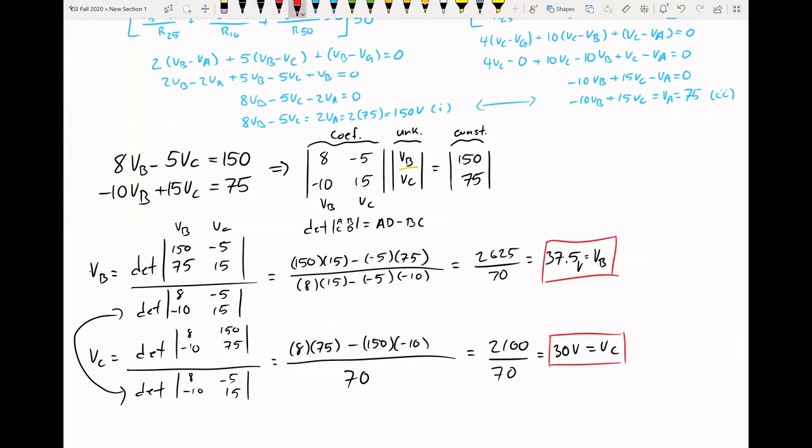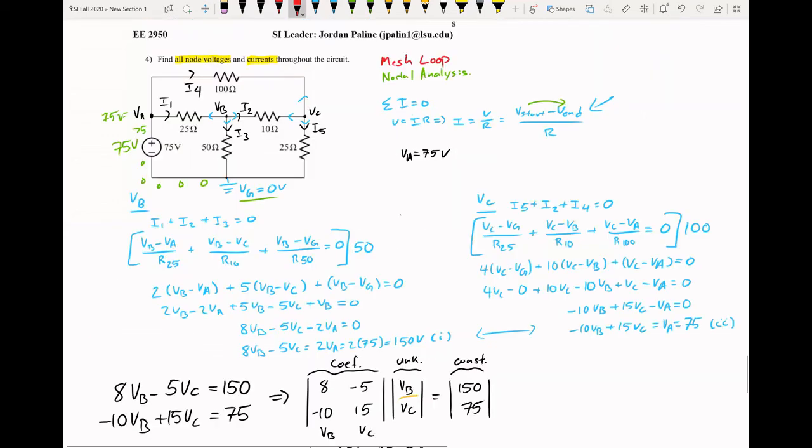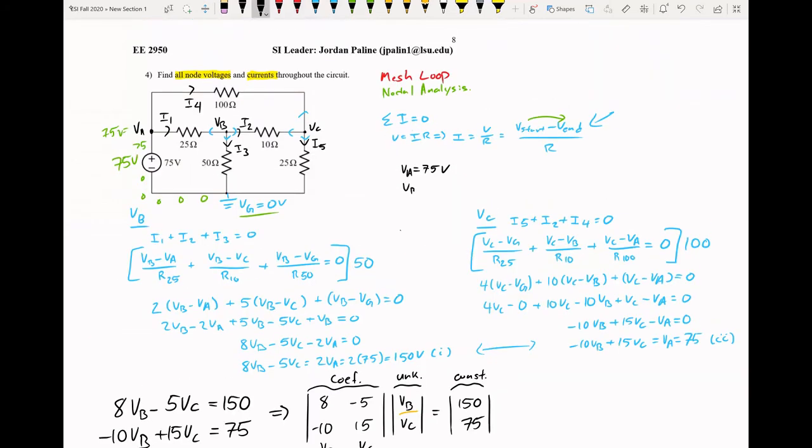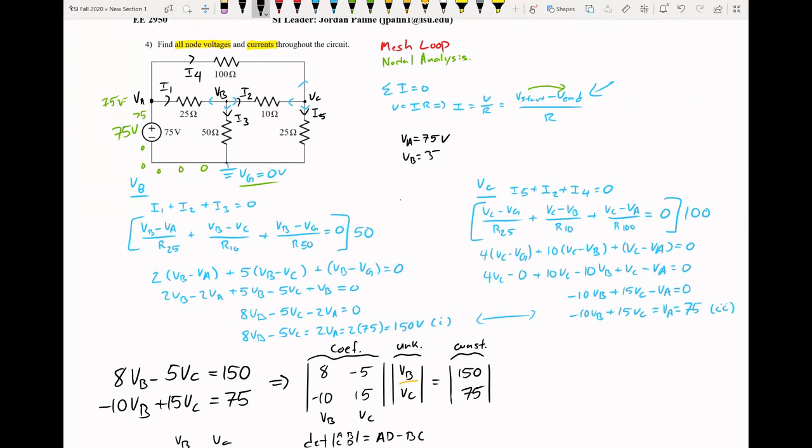Okay, so let's just go up here and we're going to start dropping these bad boys in. So V of B, we said was 37.5 volts. V of C is equal to 30 volts. Okay, so that's all of our nodes. Now to find all these current values.